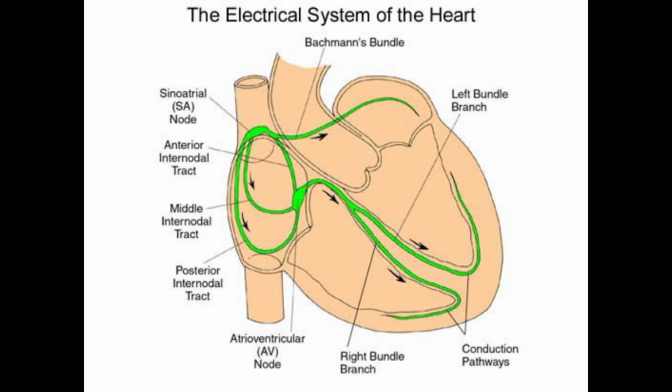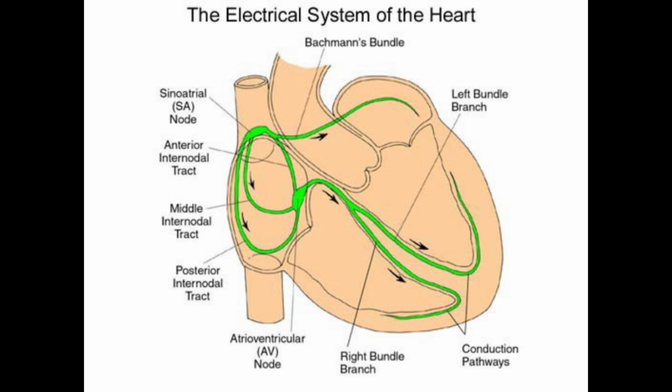Coming to the conductive system, it mainly contains five components: the SA node, AV node, bundle of His, bundle branches and Purkinje fibers.